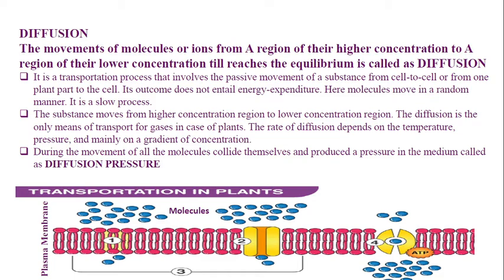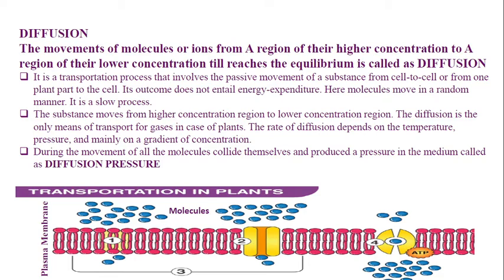During movement, all the molecules collide with themselves and produce a pressure in the medium called diffusion pressure. So diffusion is a procedure, and when diffusion is at a higher concentration, at that time they can create a pressure on a wall, and that is called diffusion pressure.